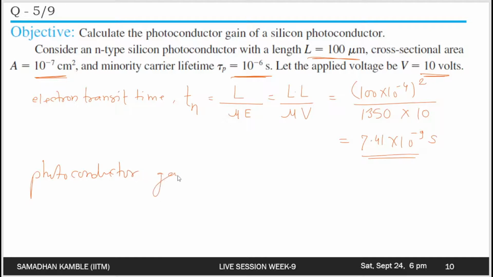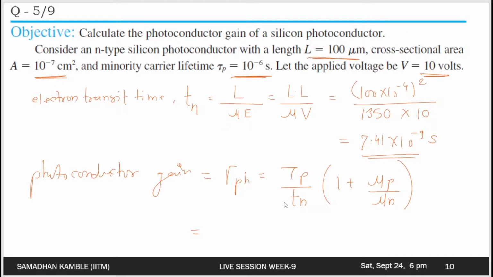Let us substitute in our photoconductor gain, which is given by lambda photoconductor equals tau p by Tn times 1 plus mu p by mu n. Mu p and mu n are also inputs.